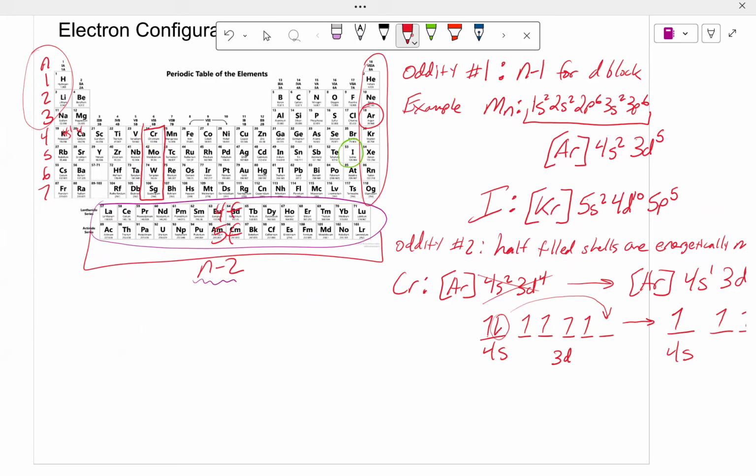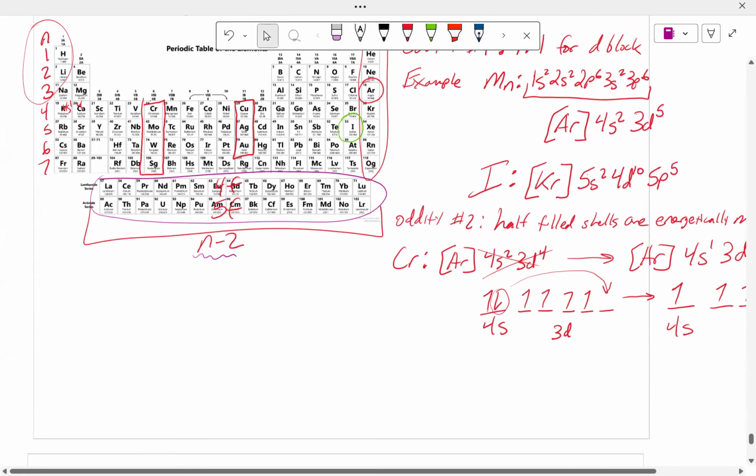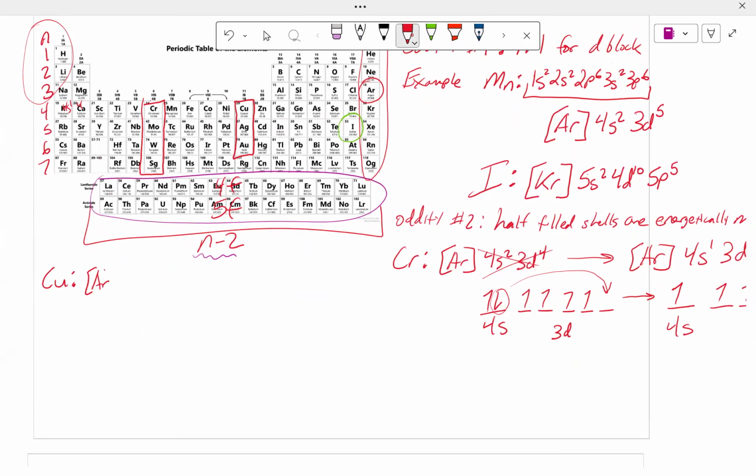Now, something else is going to happen very similar to that when we get to these elements, like copper, silver, and gold. If I do the electron configuration for copper, again, I'm going to start with argon and then 4s2. And notice it's 9 spaces over. So for 3d9, remember n minus 1.